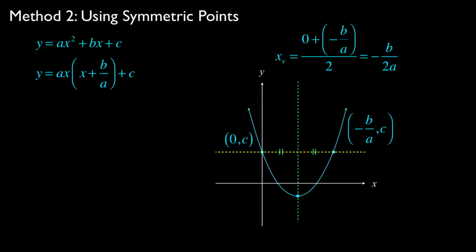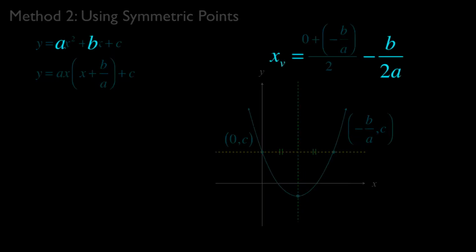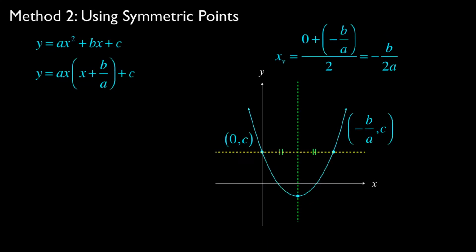So that means 0 plus negative b over a, divided by 2, and I get negative b over 2a, which could be the most useful little tidbit that you get out of any of these videos. If you want to find the x-coordinate of the vertex of a parabola, just take the negative of b divided by 2a. And that's a great way to do it. Whether or not your teacher will allow you to do that is another story, but it's a great little check to have in your back pocket.